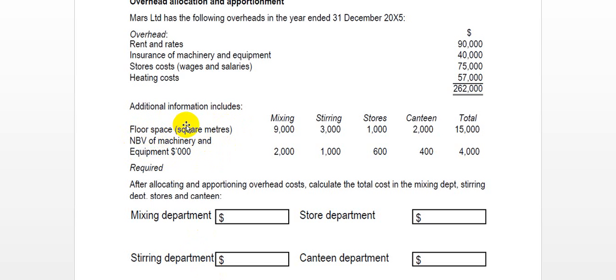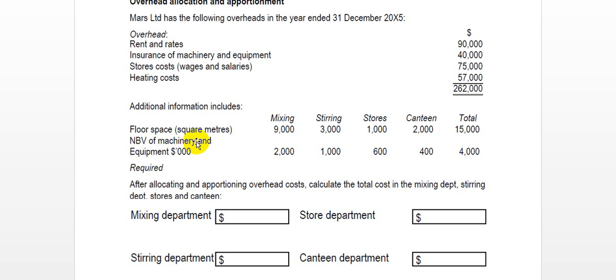Would it be floor space or net book value of the machine? Floor space. Rent has got nothing to do with net book value of machines, so we're going to use floor space.